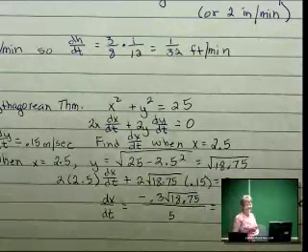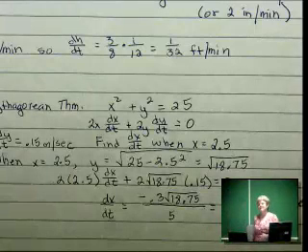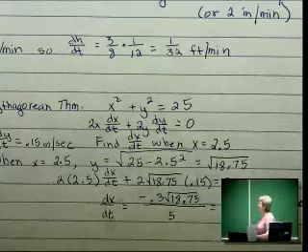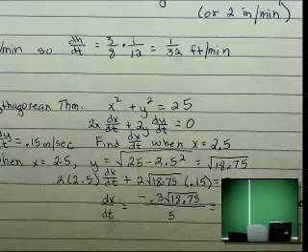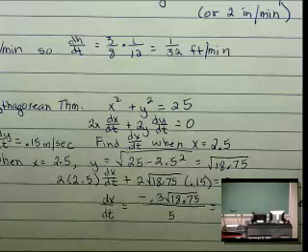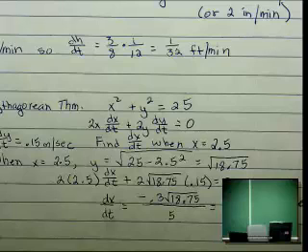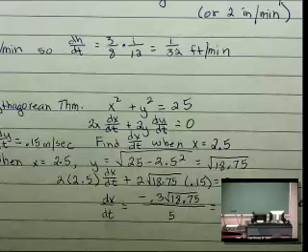But you need to care what it means. Make me a sentence that tells me what I have just found. When you're pulling the rope at 0.15 meters per second, the change in x is going to change at negative 0.26 meters per second.